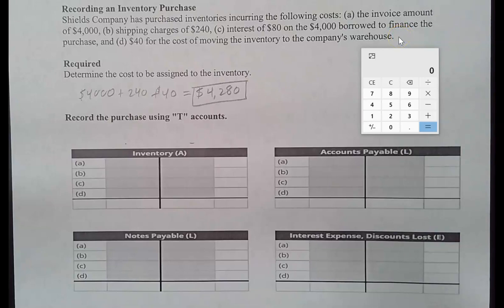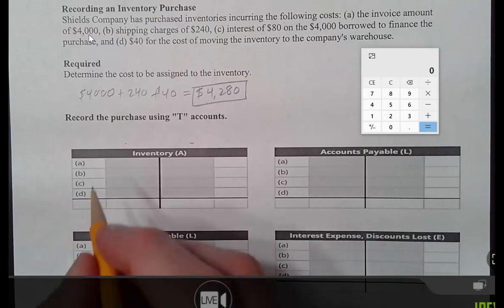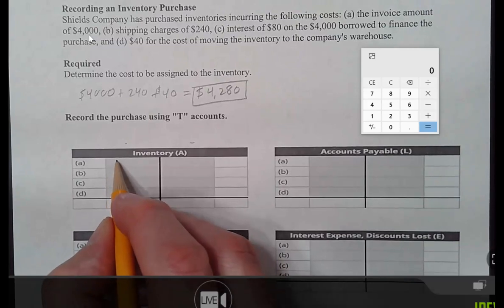We got some money from a bank. So with that said, a couple of things are happening here. We appear to have purchased this for cash, but it was borrowed cash. Now, we don't have a T account for cash. So we're just going to have to take this item by item.